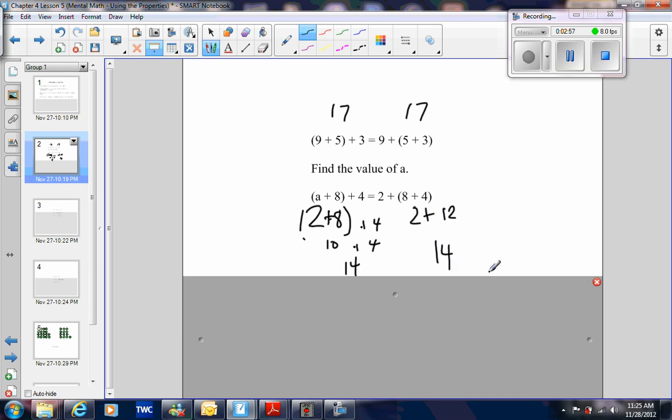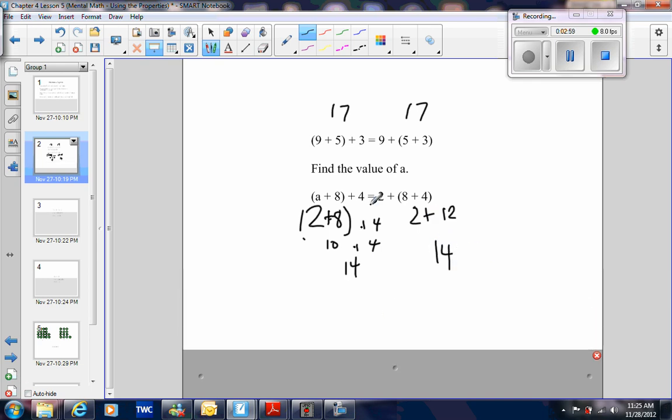So these two are the same amount. And again, when you see these parentheses, this is an example of the associative property.